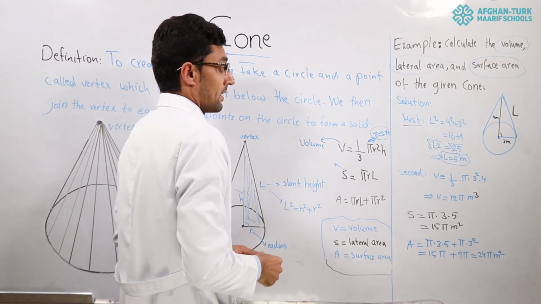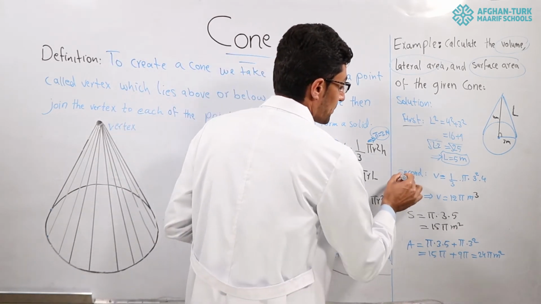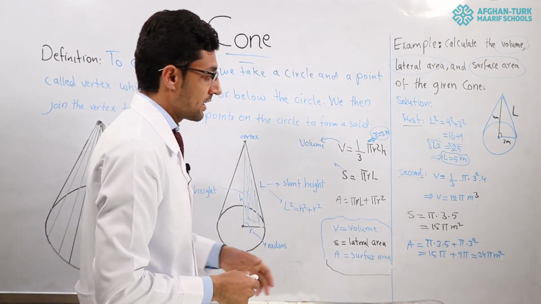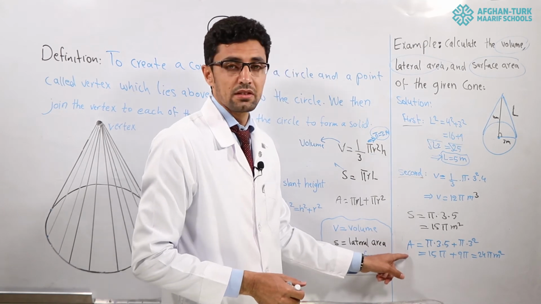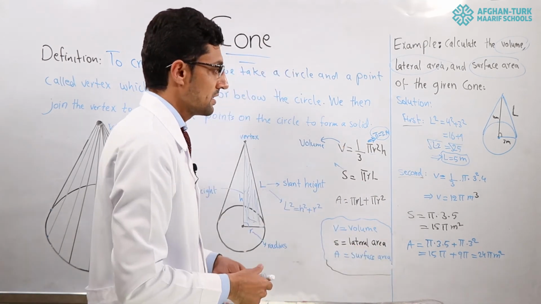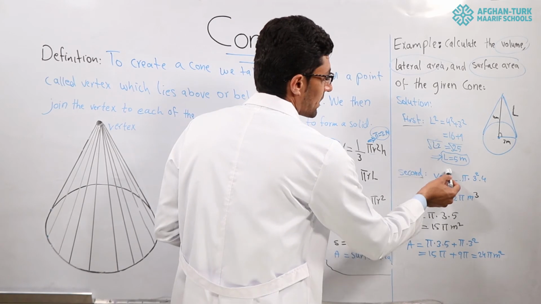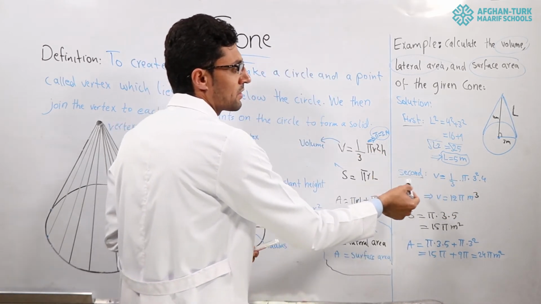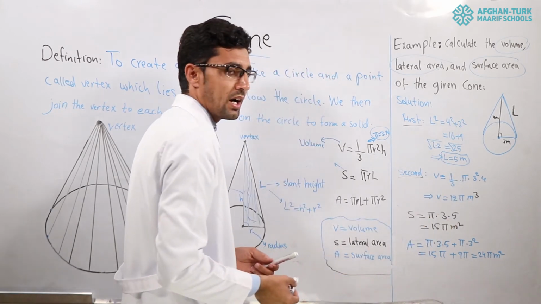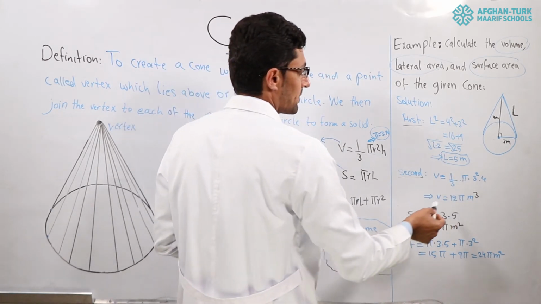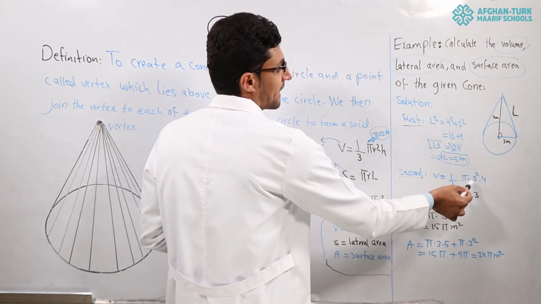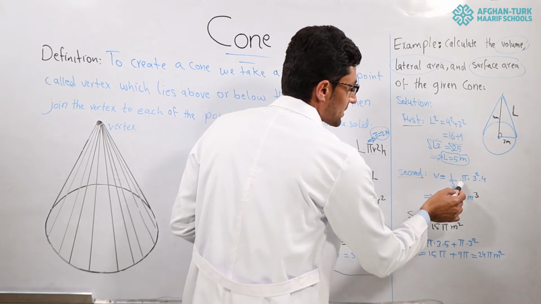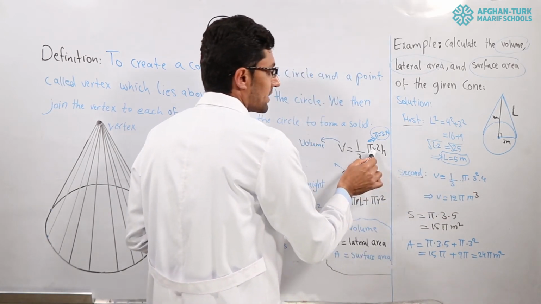Now, in the second step, which is very important, we are going to find the volume, lateral area, and surface area. V is equal to 1 over 3 multiplied by pi multiplied by r square. I don't want to use the value of pi because it has long decimals, so we just keep pi here.